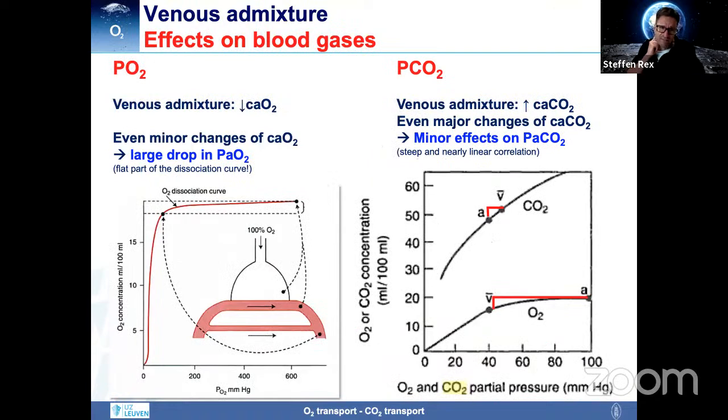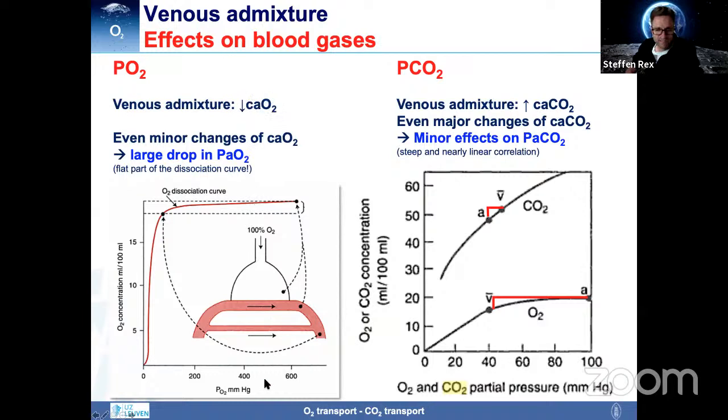The venous admixture is again very interesting and explains why you as a perfusionist are very, very important for a patient with ARDS. That's very obvious. If you have a venous admixture, your arterial oxygen content will decrease.